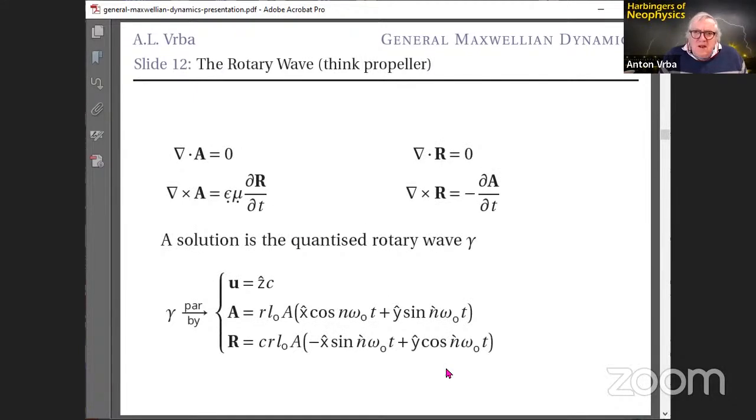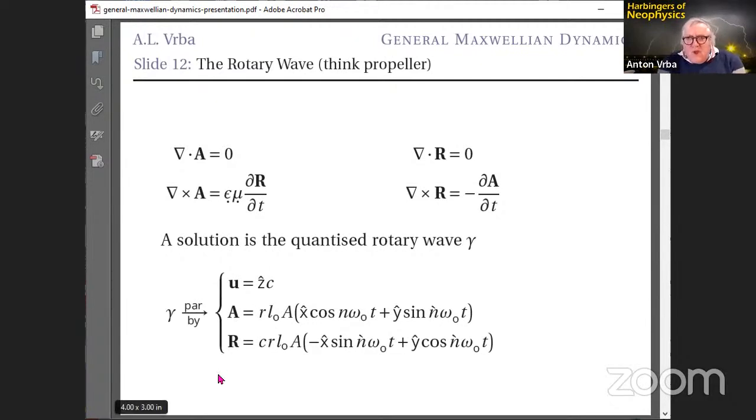So basically, if I look at the Maxwellian form of a rotary wave, I have exactly the same as the Maxwell equations, but using different vectors here. Then I parameterize it as U propagating in the Z direction.